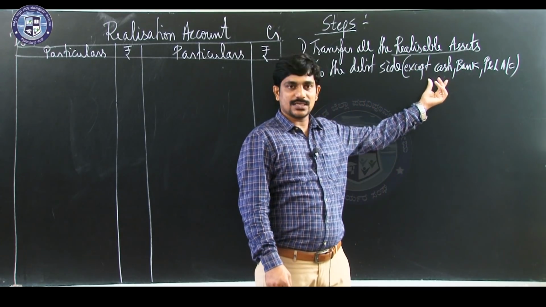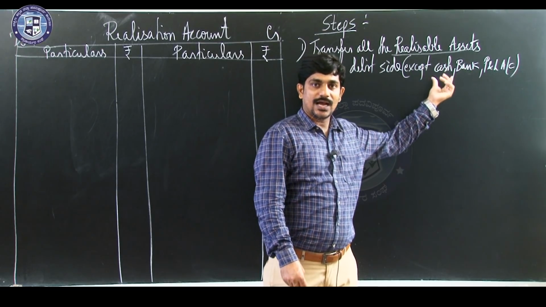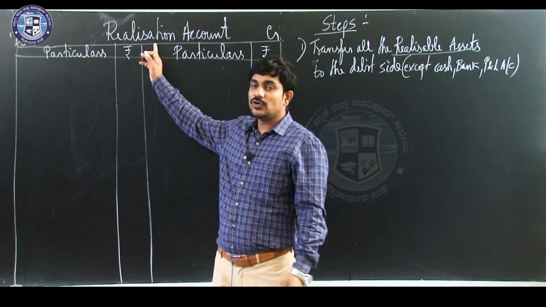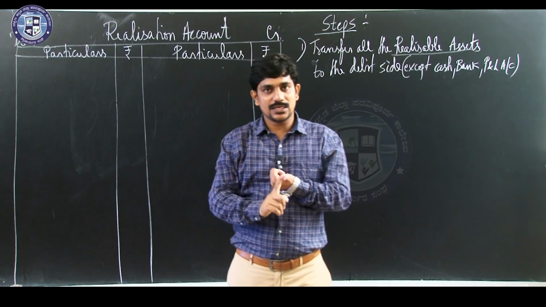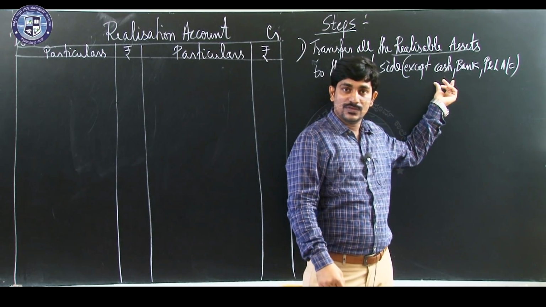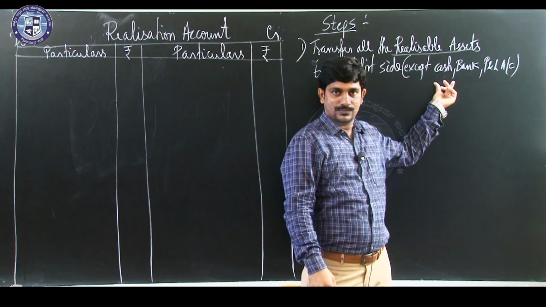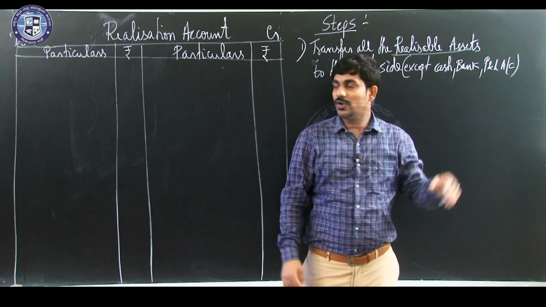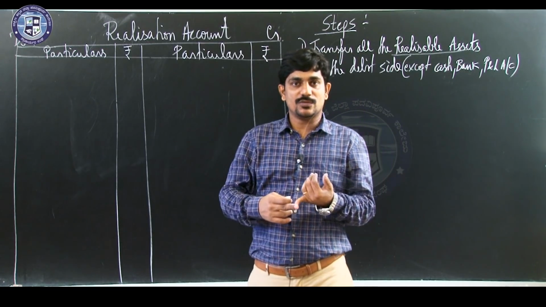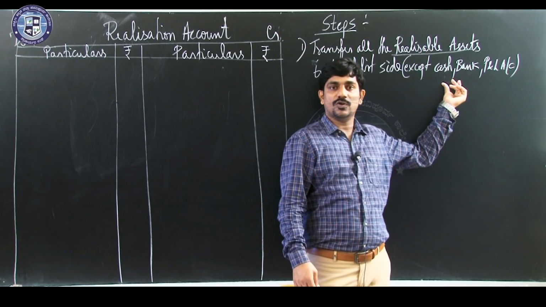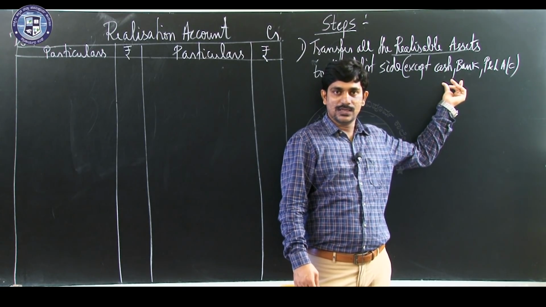So, in the asset side, if there is a cash or bank account, that amount you cannot transfer to realization account. One reason is that it is already in realized form, correct? And because we have to prepare a separate cash or bank account, there you have to write this amount as the opening balance.